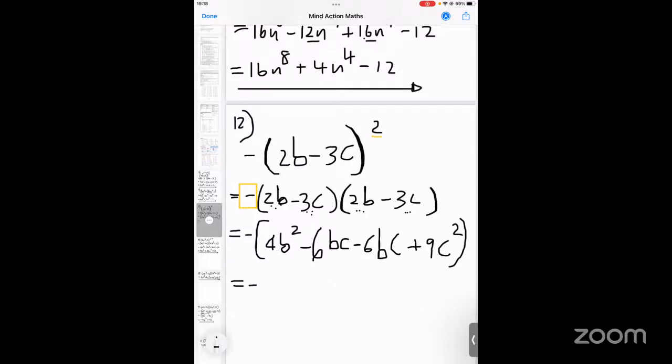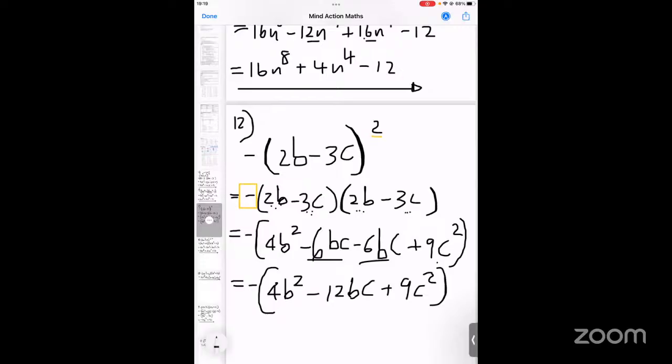Okay, I still have that negative on the outside, and then I will look at the like terms. Already I'm having this one, which doesn't have a like term. Then negative 6bc, negative 6bc, will it not be negative 12bc? And then that one doesn't have its cousin.